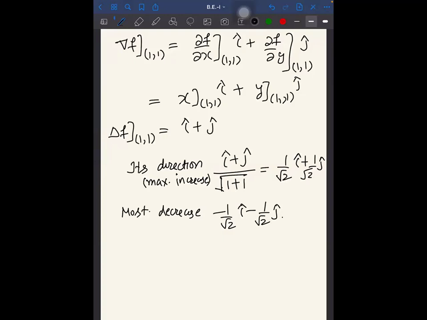So what are the directions of zero change at (1, 1)? Tell me.